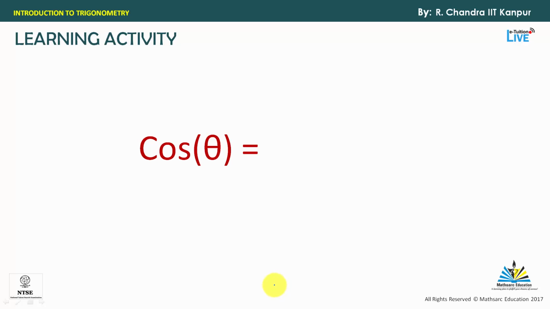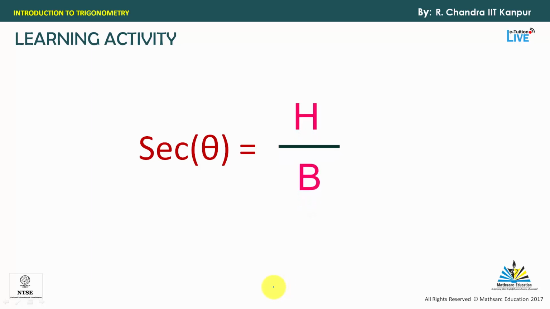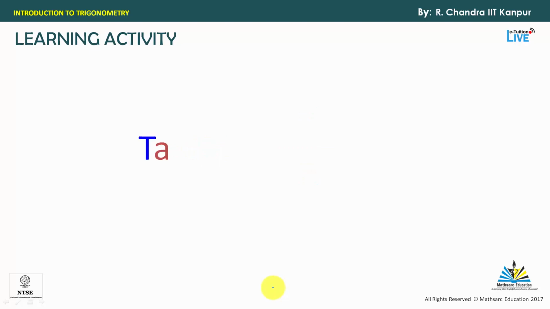Yes, this is base upon hypotenuse. Now, what is sec theta? This is the reciprocal of cos theta. It is hypotenuse upon base. Last one, tan theta. What is it? Perpendicular upon base.